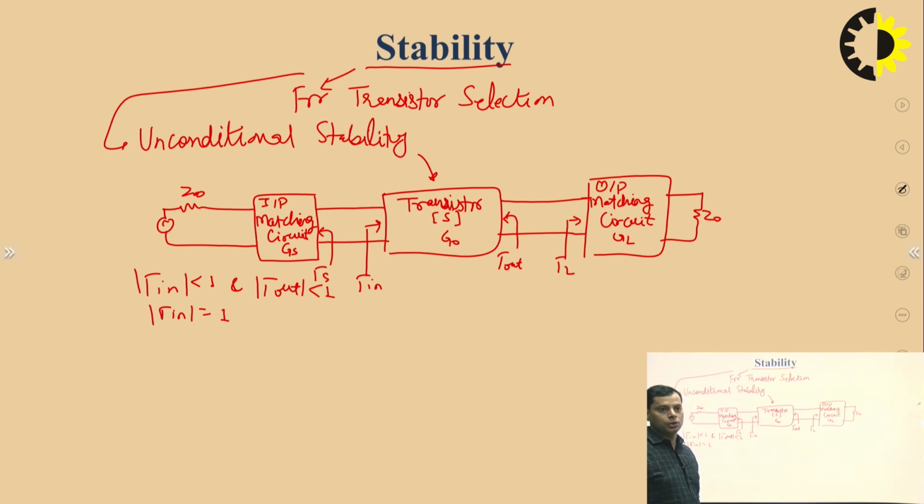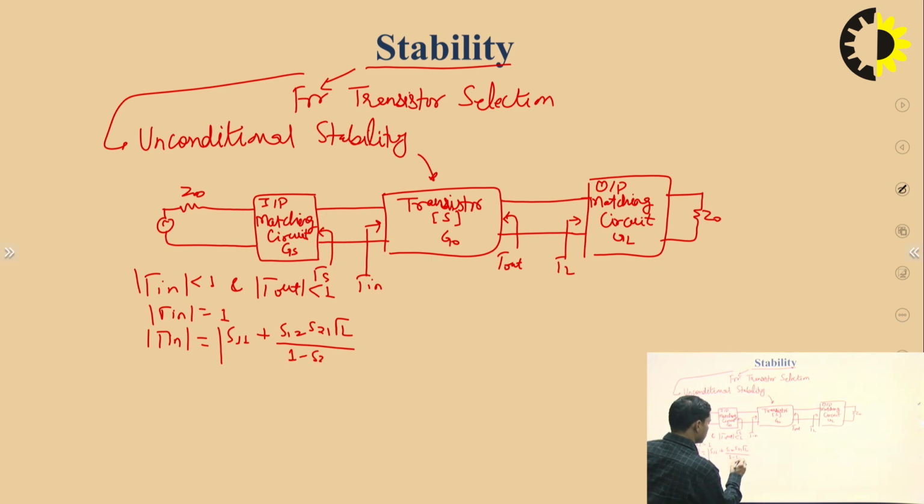When the value of rho in is equal to mod of S11 plus S12 S21 rho L divided by 1 minus S22 rho L, we can make it 1.